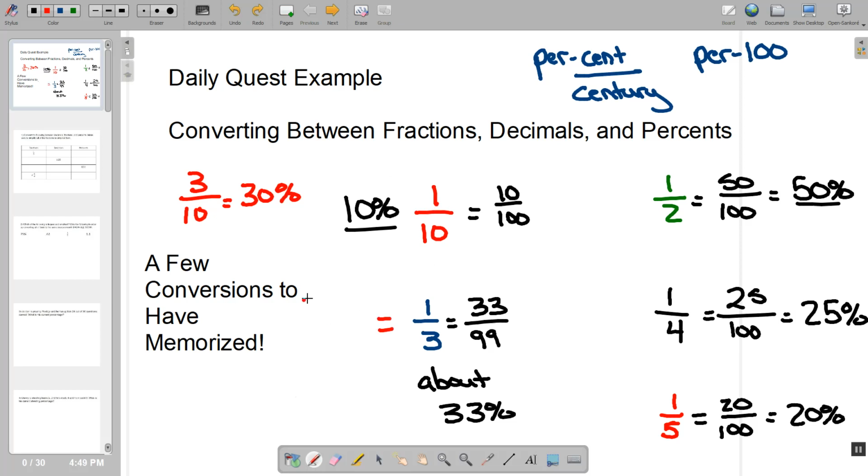If I'm thinking about 2/3, that's 2 times bigger than 33%, so this should be about 66%, or in most cases it would round up to 67%. We can use the memorization to help us find some other fraction to percent calculations.